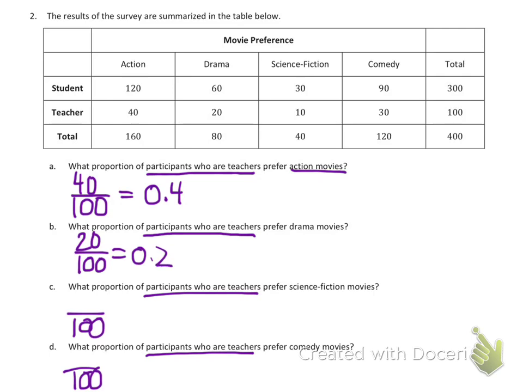For science fiction, we have 10, so this is 1 out of 10. And then for comedy, there were 30, so this is 0.3. Okay, so those are the relative frequencies for those different movie types.